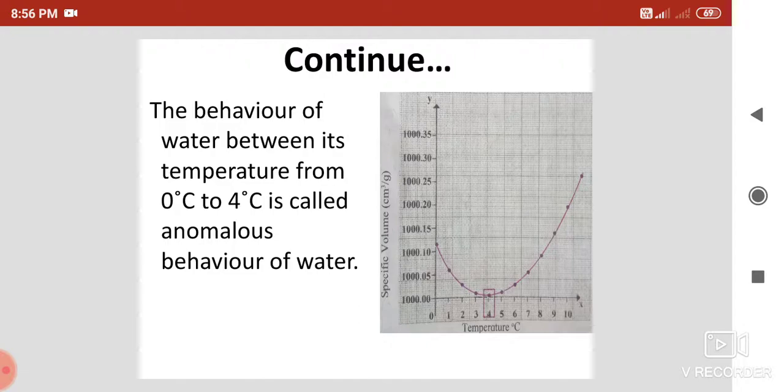If we heat further, you can see that the volume increases again. So from the graph we can say that water shows exceptional behavior between 0 degrees Celsius and 4 degrees Celsius.